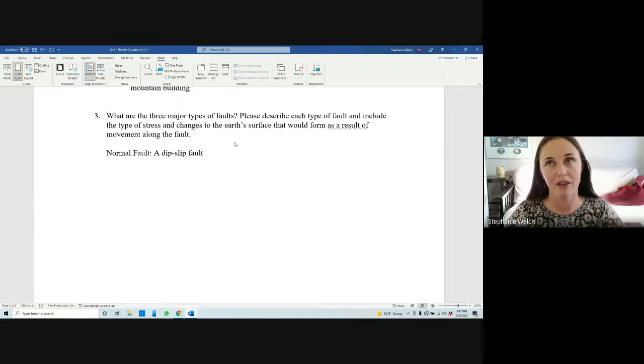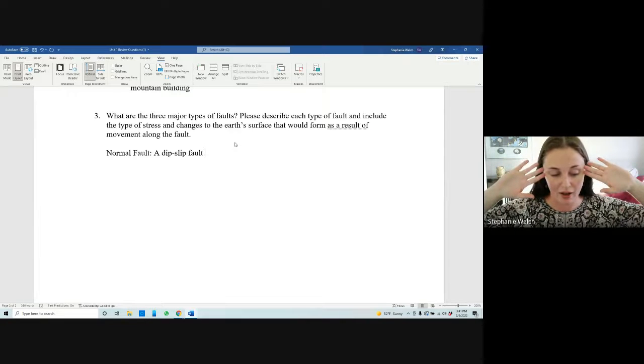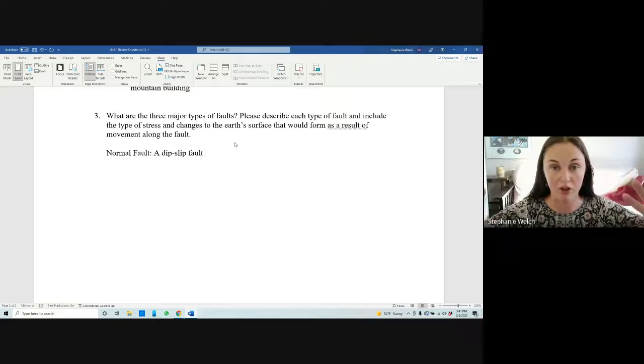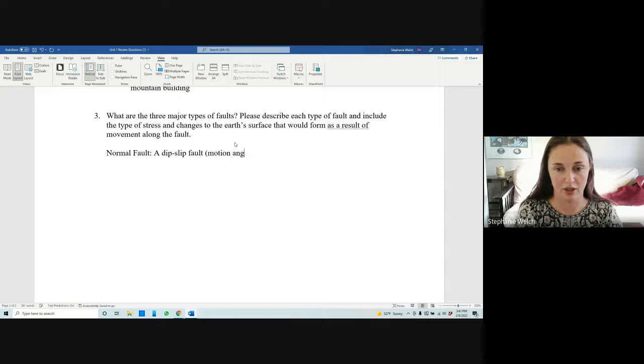I like to think about this as a fault that would be viewed better in a canyon wall, where you're seeing it in profile as opposed to looking down on the Earth's surface, because the motion is more up-down. So a dip-slip fault has motion angled into the subsurface and not parallel to the ground surface.